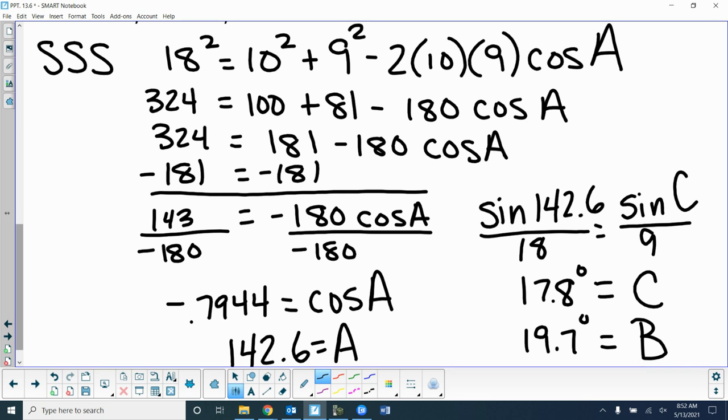Number four, angle P was 25.2 degrees, angle Q was 96.4 degrees, and angle R was 58.4 degrees. Number five, angle P was 43.2 degrees, angle Q was 86.5 degrees, angle R was 50.3 degrees. Number six, angle P was 56.3 degrees, angle Q was 29.9 degrees, and angle R was 93.8 degrees.